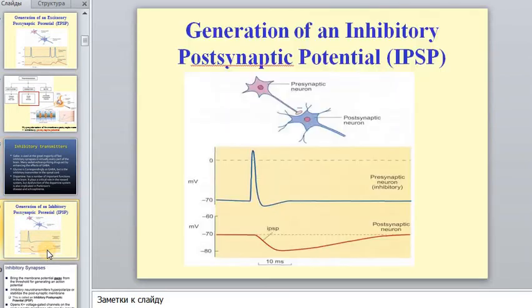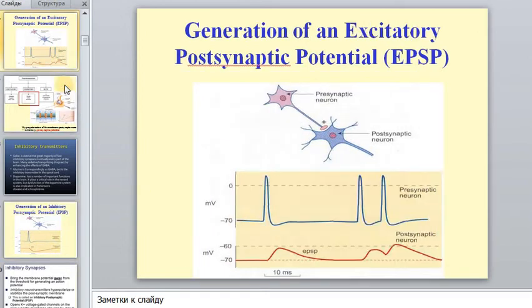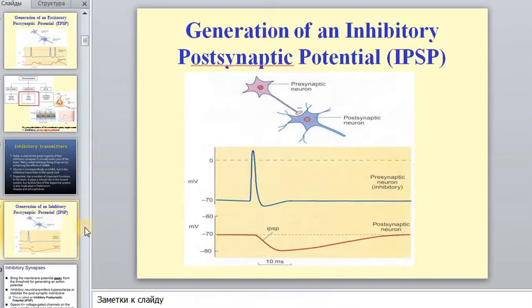Generation of the inhibitory postsynaptic potential: you see in the previous slide the line moved up. Here we see the postsynaptic neuron and generation of this inhibitory postsynaptic potential, and this line moved down.